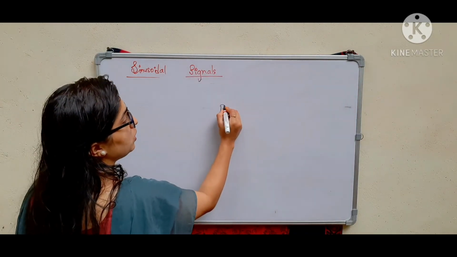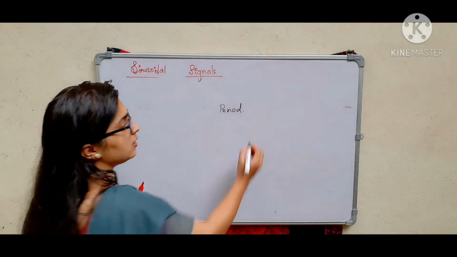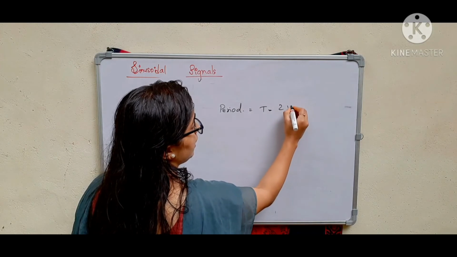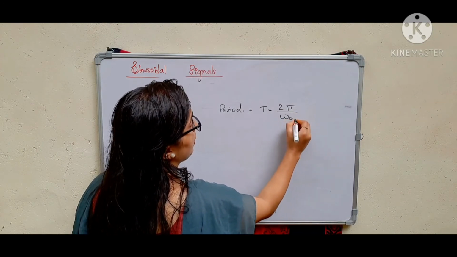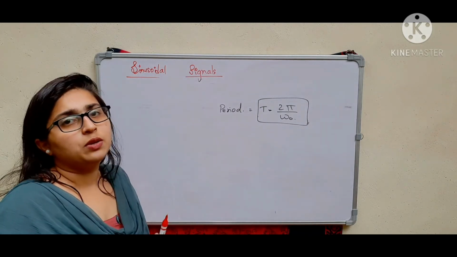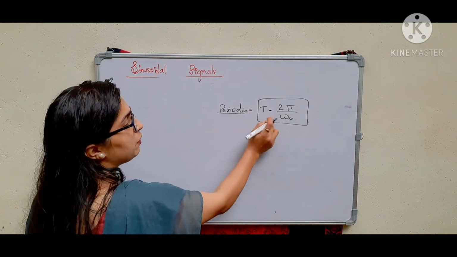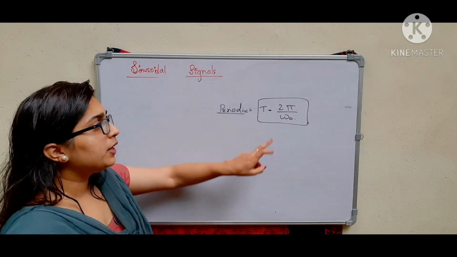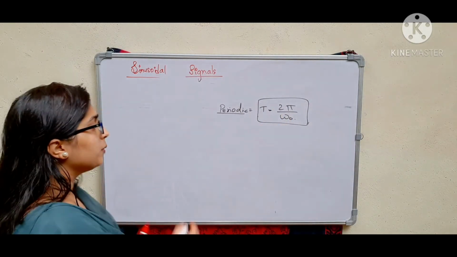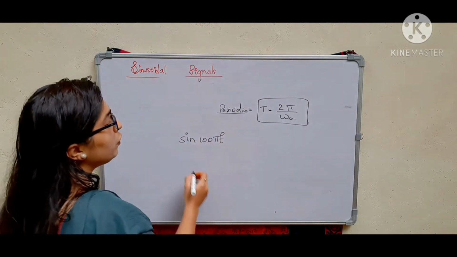When it comes to the period of cosine and sine signals, it will be T equal to 2 pi by omega naught. All the continuous time sinusoidal signals will be periodic, with fundamental period 2 pi by omega naught. If I consider sine 100 pi t, what will be the period?